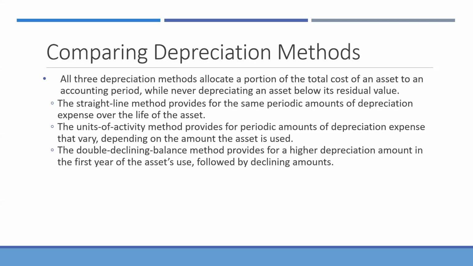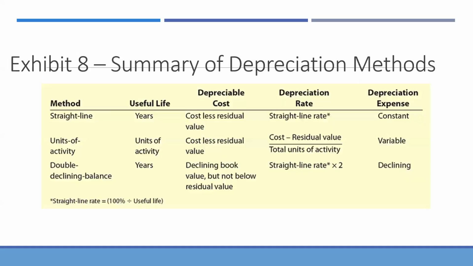And depreciation expense is constant for straight line. It's variable based on use for units of activity, and then double declining balance, it just slowly declines as the asset is used.